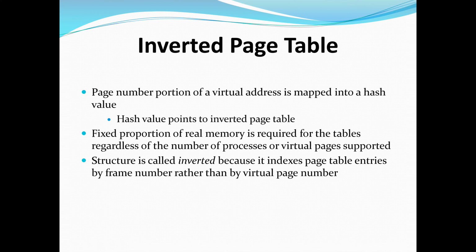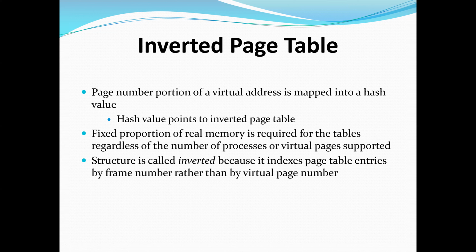An alternative approach to the size of one or multiple level page tables is the use of the inverted page table structure. Variations on this approach are used on the PowerPC, UltraSPARC, and IA-64 architectures, and an implementation of the Mach operating system on the RT-PC also uses this scheme.